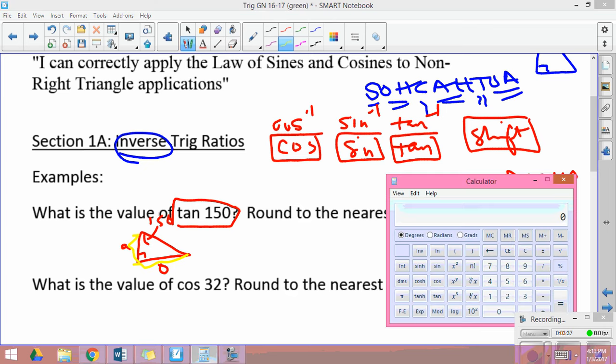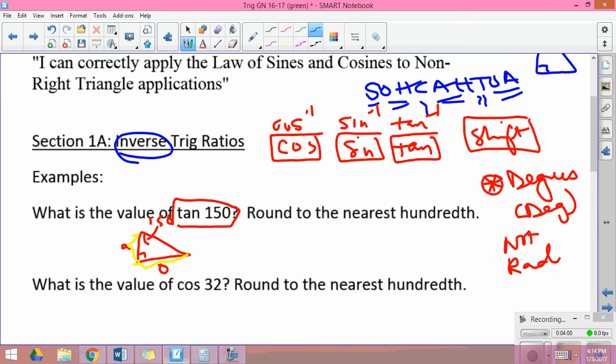If I go to my calculator in degrees and enter 150 tangent, I get this really long decimal. We're usually going to talk about 2 or 3 decimal places, so I'm going to have negative 0.577 or negative 0.58. We want to be really careful with rounding errors and when and how much we round.